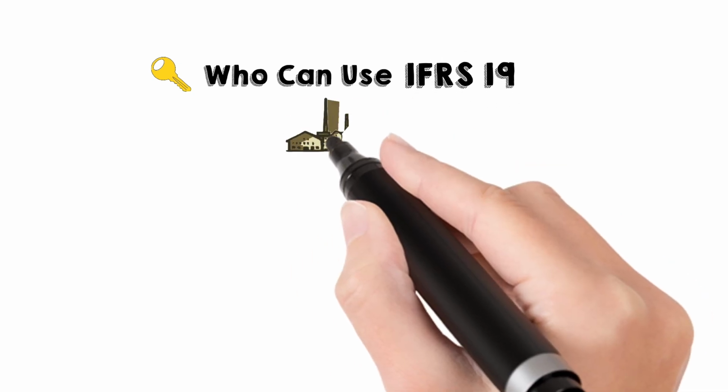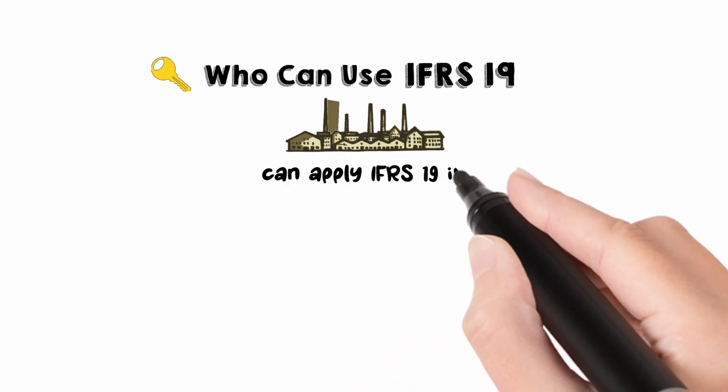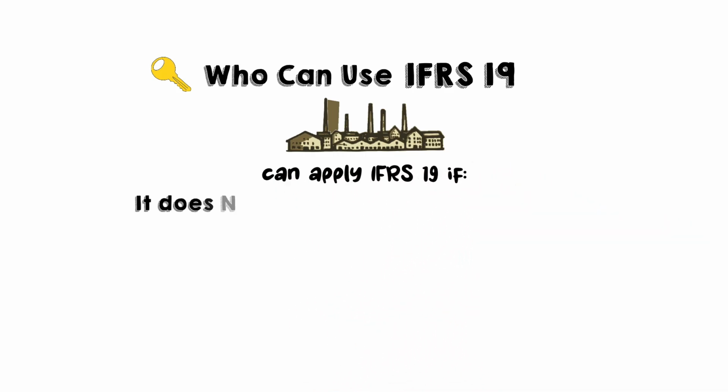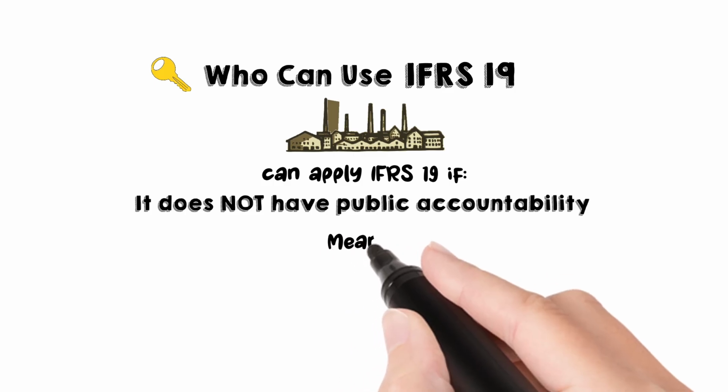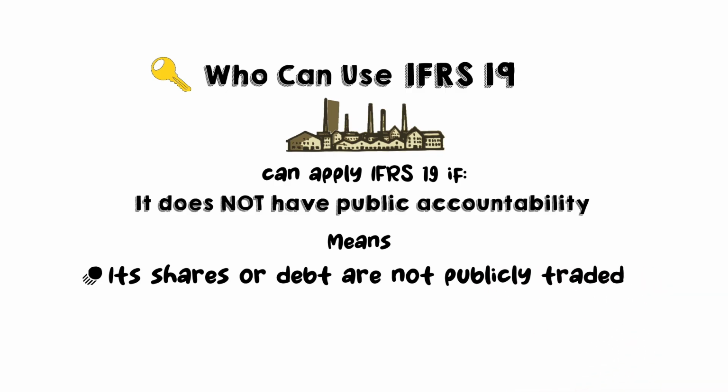Who can use IFRS 19? A subsidiary can apply IFRS 19 if it does not have public accountability, meaning its shares or debt are not publicly traded.